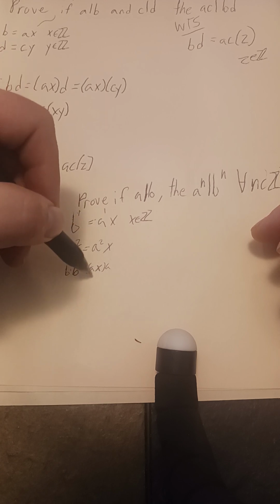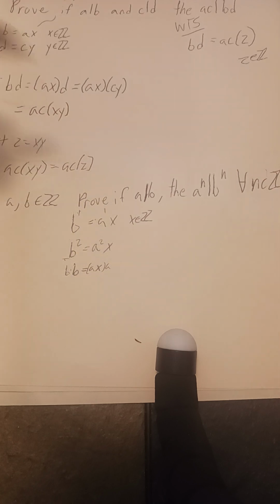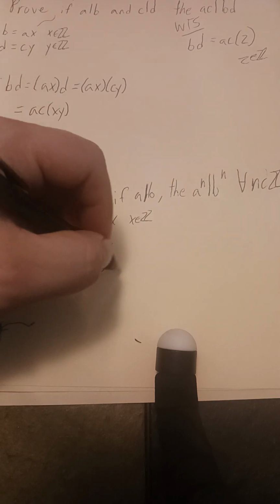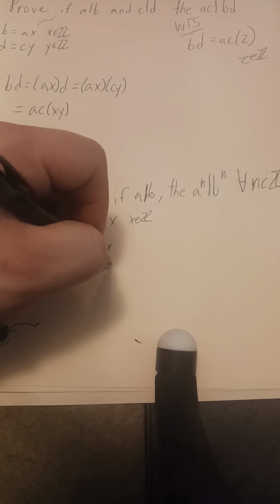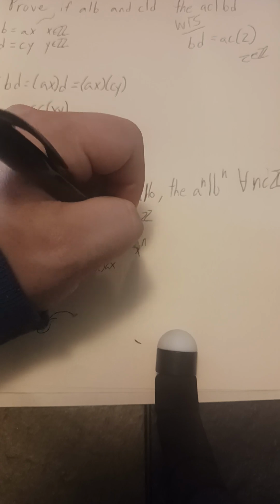So that's like BB, and you could divide out a B. Yeah, we would be saying that B and A were equivalent by doing this. So we'd have to find some other integer. But why not just pick X? We could just say X to the N at that point, right?